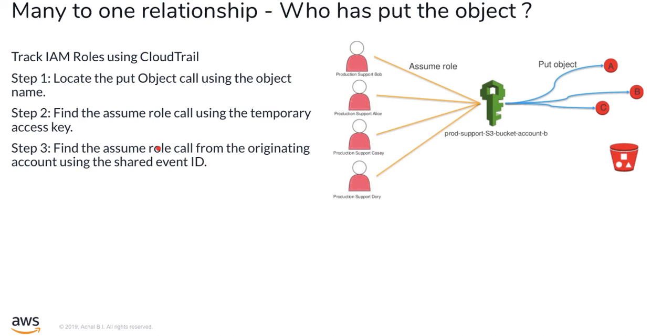The second step is to find the assume role call using the temporary access key, which we got from the previous step. The third step is finding the assume role call from the originating account, because this might be from a different, cross account, using something called a shared event ID.